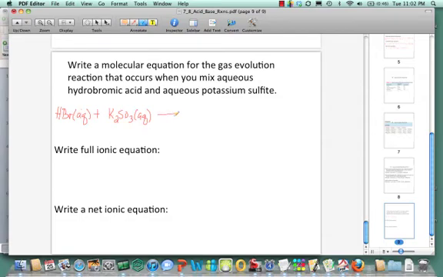Okay, and that goes to yield, so potassium is going to get bromine, and hydrogen is going to get sulfite.